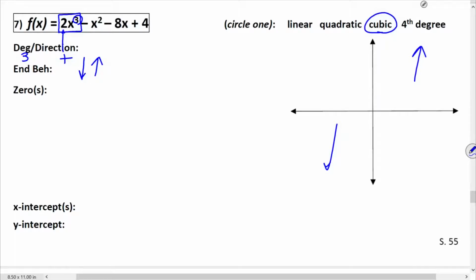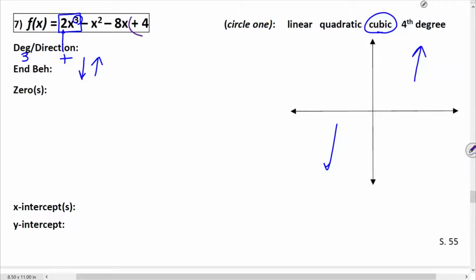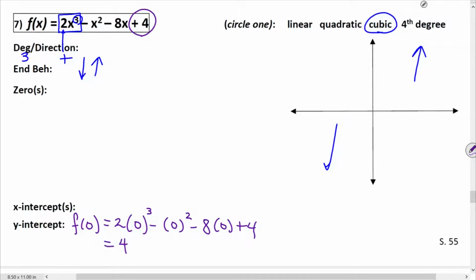Okay, that's the end behavior. The next place that I'll go, in an expanded form, it's easiest to see the y-intercept. Plugging in f of 0, I get 4. So the y-intercept is at 4.